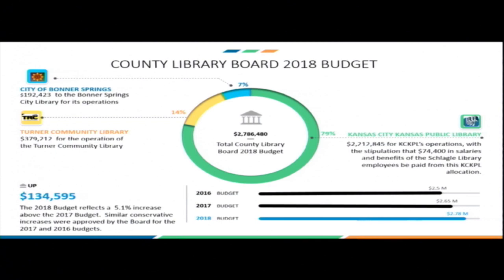And then Turner Community Library is given $379,000 for the operations of the Turner Community Library. So below, it gives you a little bit of a history over the past 3 years. The library budget has remained relatively flat. They've consistently increased their budget by a conservative 5% over the last few years. This past year, it was up $134,000.